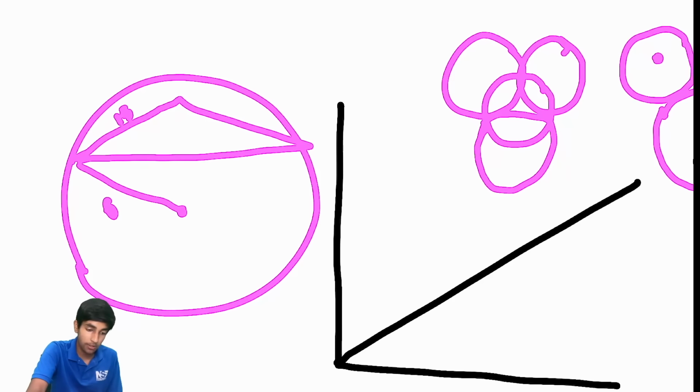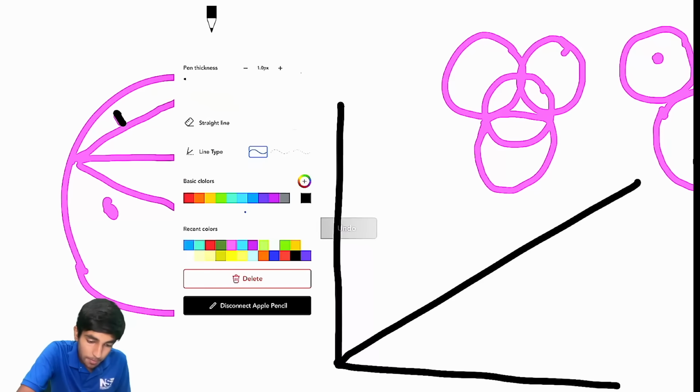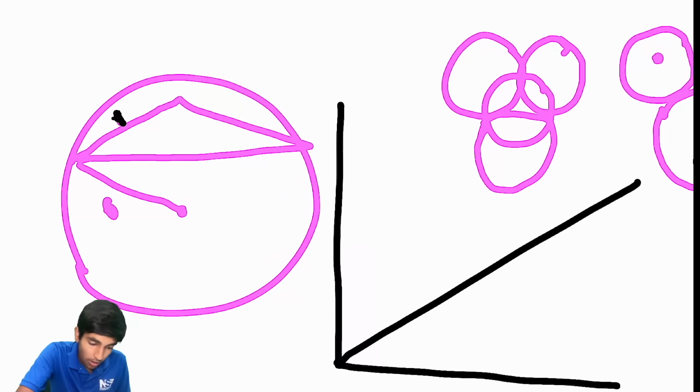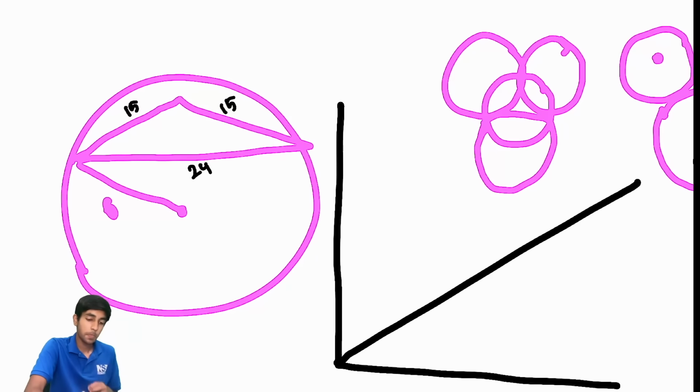We're given this triangle has sides 15. Oops, way too thick. This triangle has sides 15, 15, and 24. And we're saying the radius of the sphere is like something, I don't know, 30.